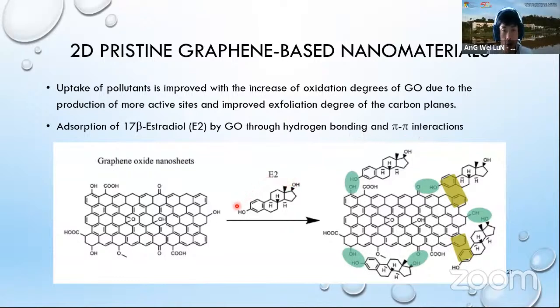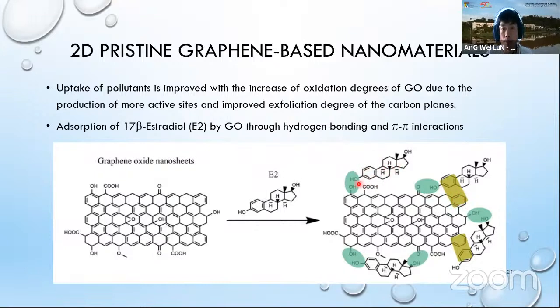So you look at this. This is the pollutant structure, and this is your graphene oxide. The interactions could be through hydrogen bonding with the oxygen functional groups, or pi-pi interaction, where the pi structures here interact with the pi structures of the graphene oxide.